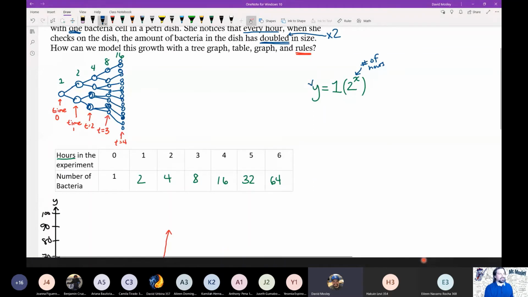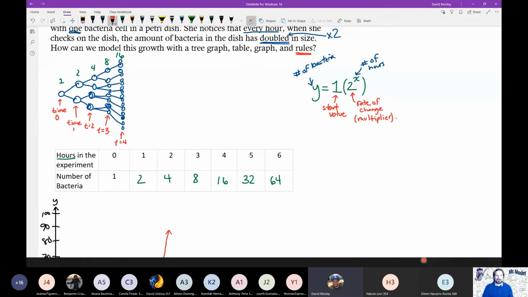And Y here actually just represents the number of bacteria. And 1 is that start value. And 2 is the rate of change. Right? The multiplier.